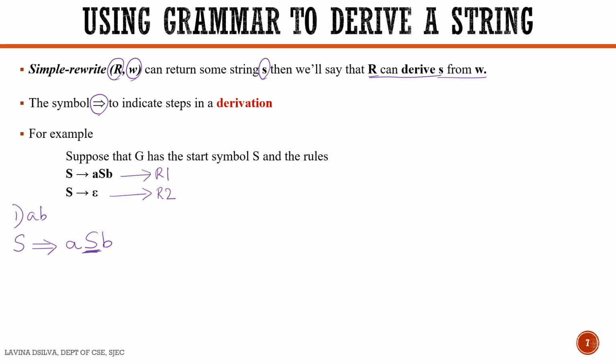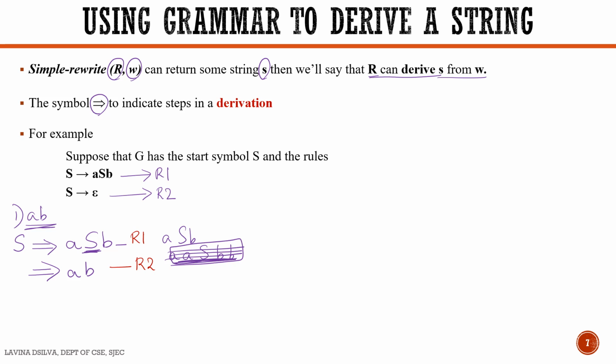But which is the rule which gives us this AB string? If you use ASB, then we will get AASBB. So we know that this is a bigger string and we will not arrive at our expected string. So instead of the first rule, we have to make a choice of the second rule. If we use epsilon, that is the second rule, then we arrive at our expected string. So here we use rule number 1 and here we use rule number 2.